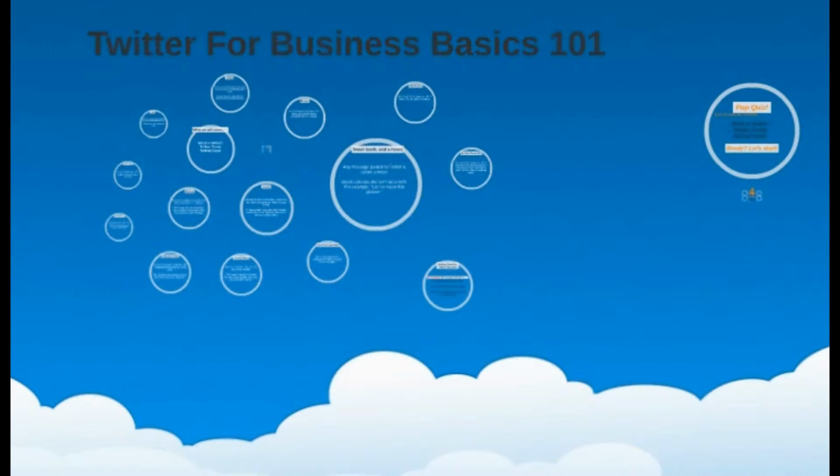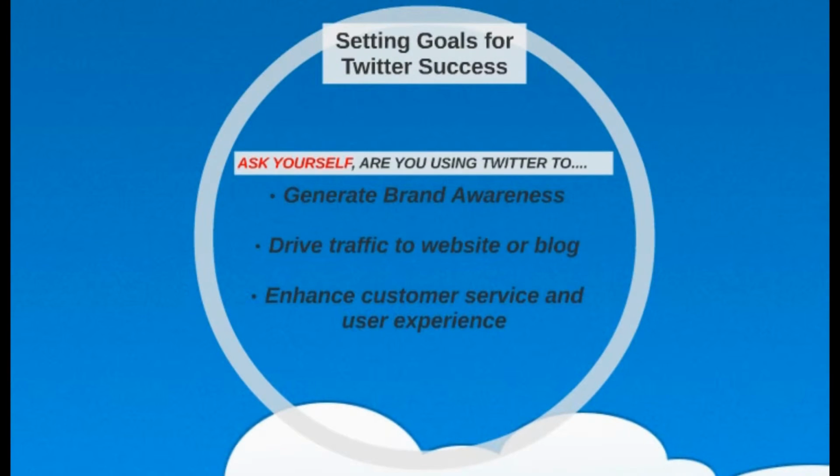Now that we've covered some of the common terms in the Twitter glossary, it's important to think about why you want to be on Twitter before you go any further. Decide what you want to use Twitter to do for your brand. There are many objectives you could have here, and there really is no wrong answer. But having a clear goal and purpose in mind for participating will help to focus your content planning as you move forward and grow.